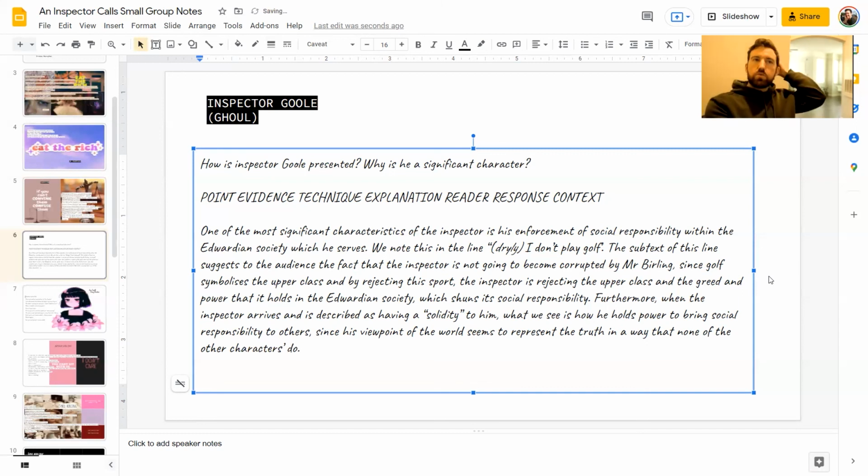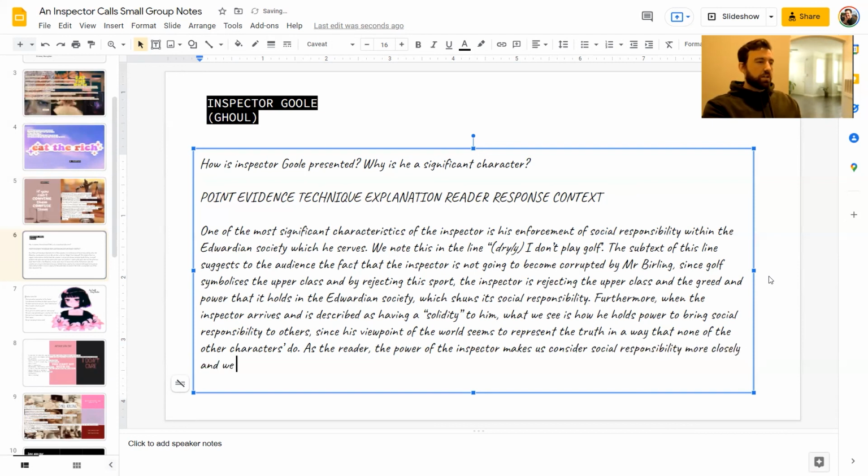Then we go into the context and the reader response. As the reader, the power of the inspector makes us consider social responsibility more closely, and we relate to the inspector as a protagonist more than the Burlings as antagonists.